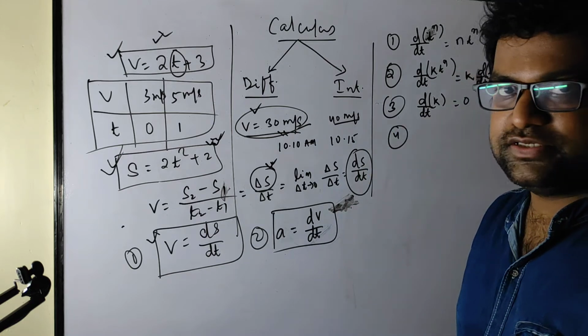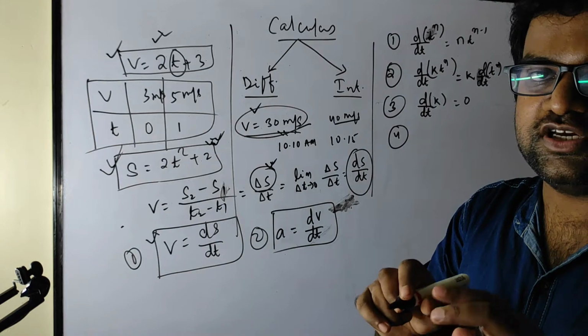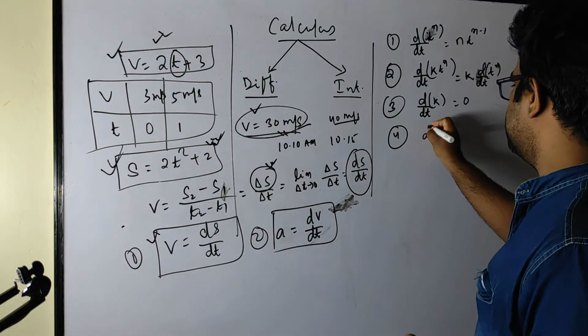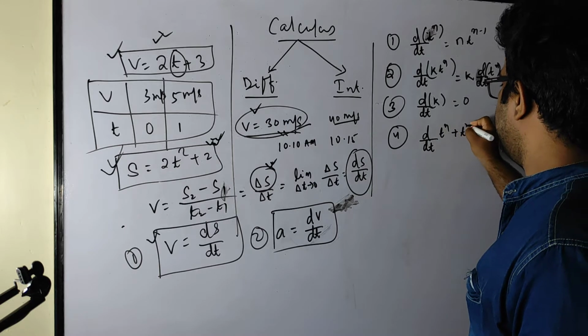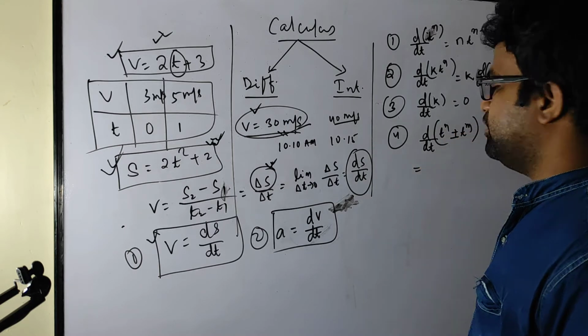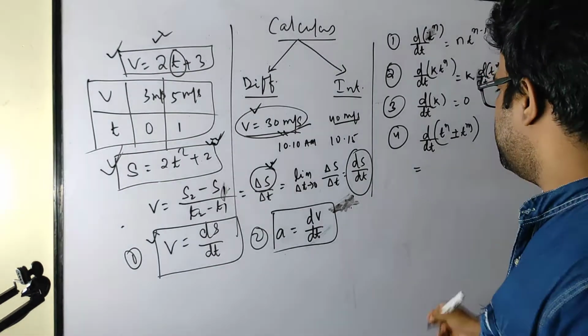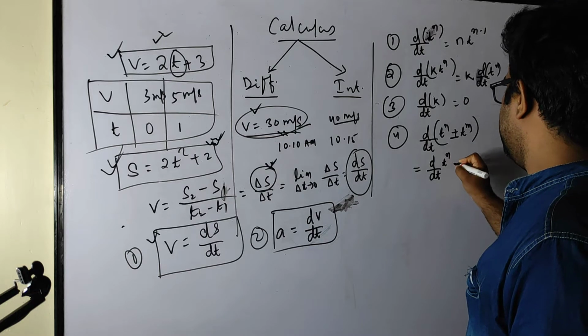The fourth formula: if two functions are added or subtracted, like t to the power n plus or minus t to the power m, then we can find the differentiation of the individual terms, d by dt of t to the power n plus or minus d by dt of t to the power m.